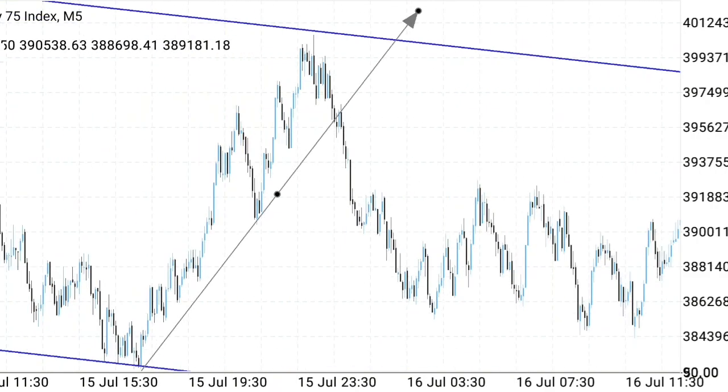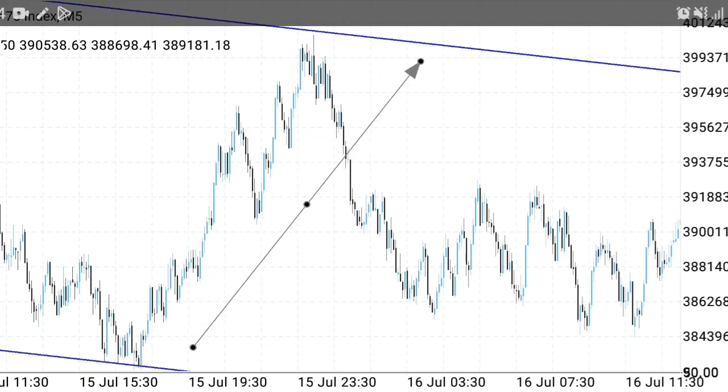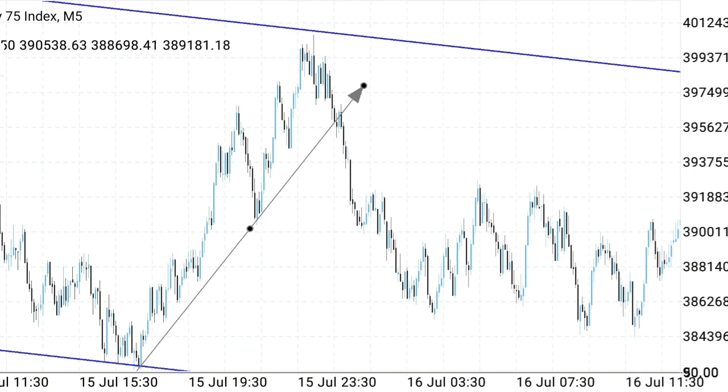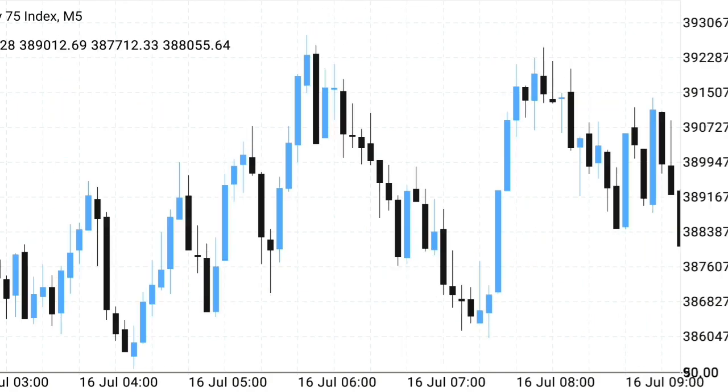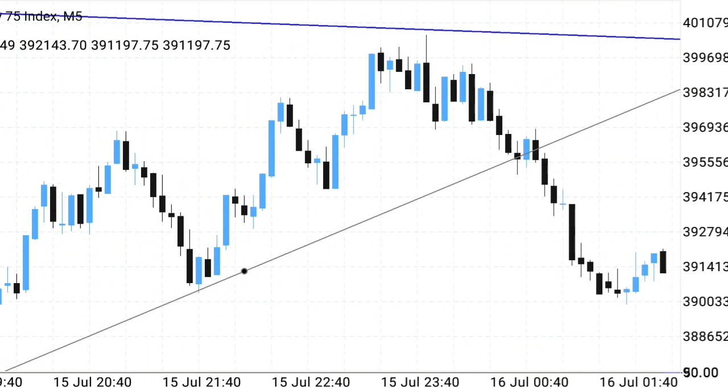We connect from down to upward like this, as you can see. So we have connected that. After connecting that, where was the last lower low? Where was the last lower high?